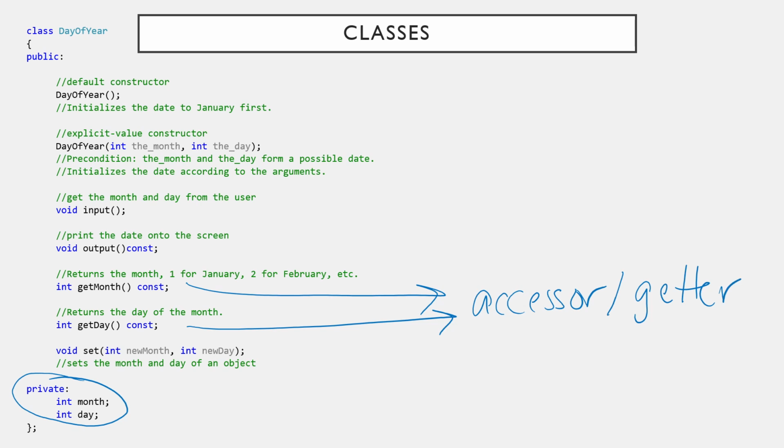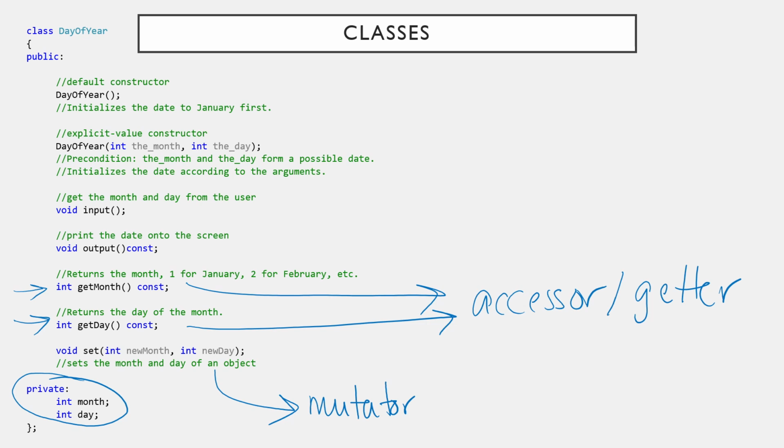That means that if an object like birthday, where you declared DayOfYear birthday, wants to access the values of the month and the day, you have to use these public functions to get them. So you're keeping your data private. Your two data variables are kept private, and you can only access those values by calling the accessor or getter functions. And this example has one mutator function.